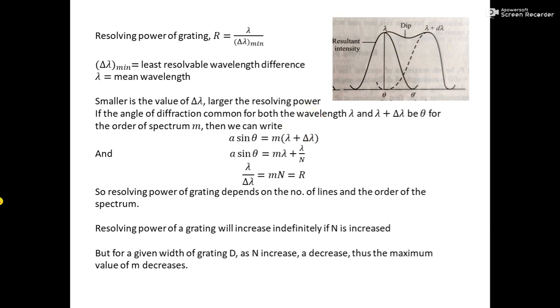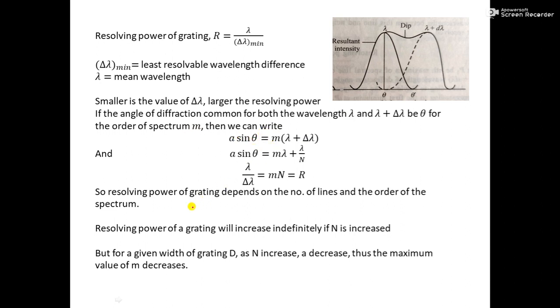So this is the principal maxima of lambda plus delta lambda, and it falls on the minima of lambda, so the wavelengths are said to be just resolved according to the Rayleigh criterion.